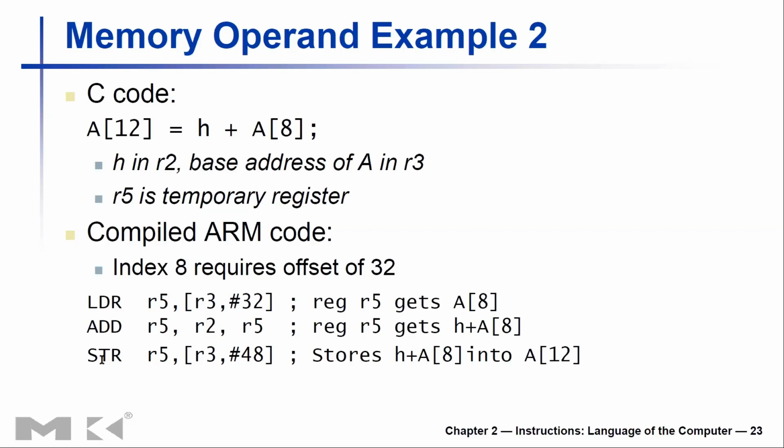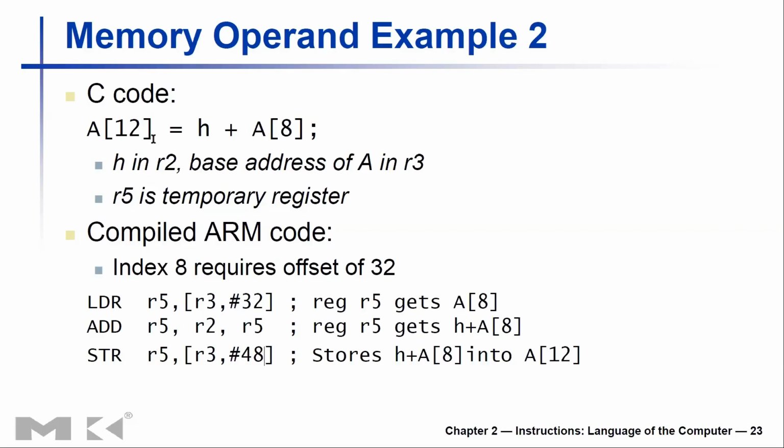For that, you can use the store, or STR, instruction, and the value to be stored in main memory is now in the R5 register. That is where we put our result earlier, and we need to store R5 back in memory in the A12 location.